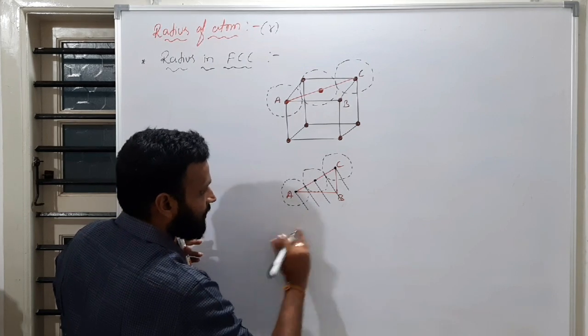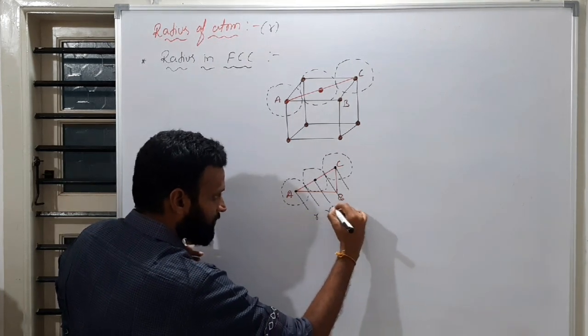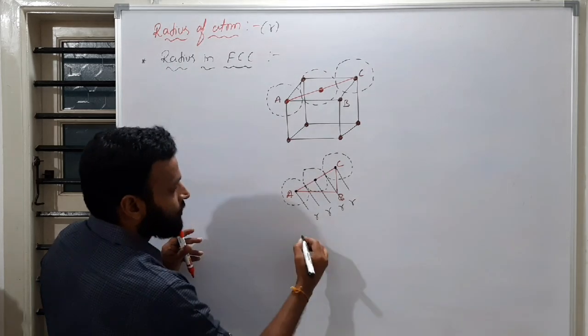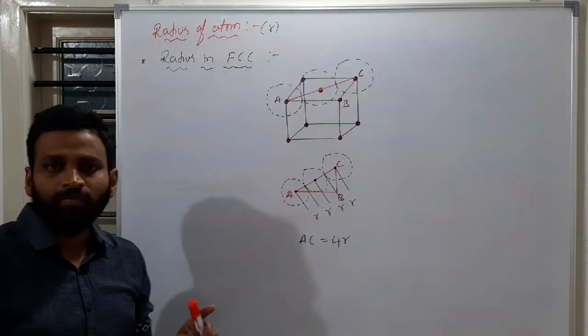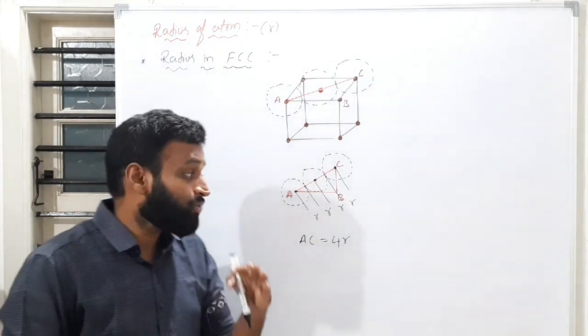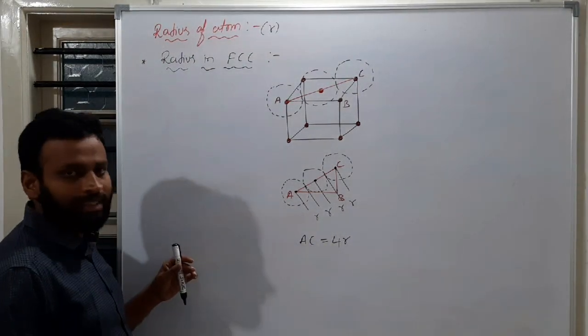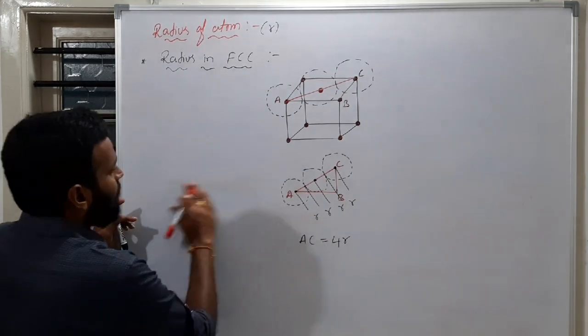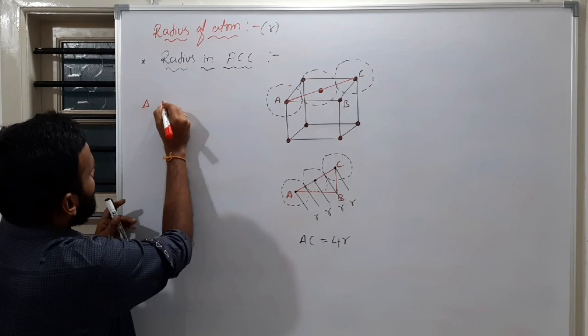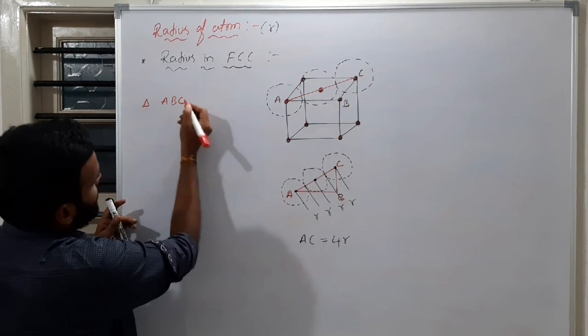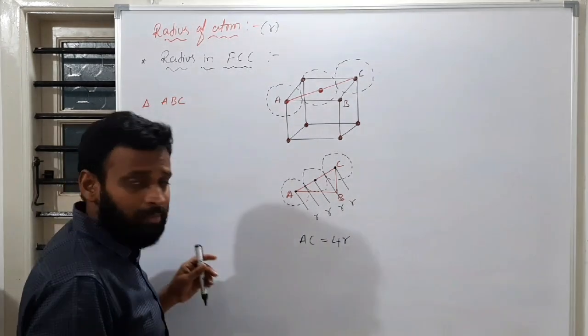Understanding everyone? I will write the triangle here. This is R, this is R, this is R, and this is R. So AC is equal to 4R. AC is equal to 4R you have. Getting what I am saying? Now, by considering this right angle triangle ABC, you are very good in maths.